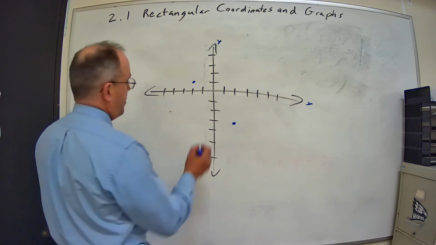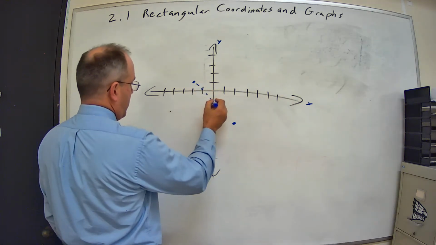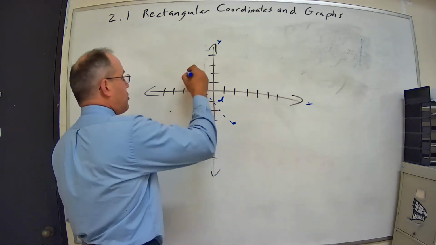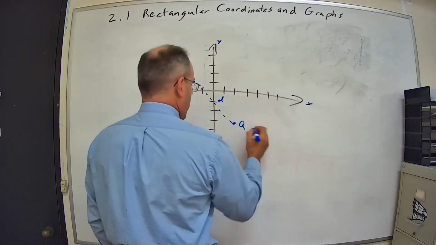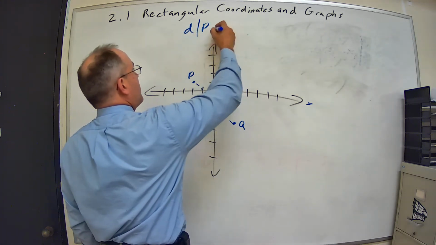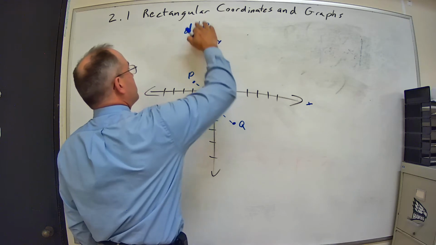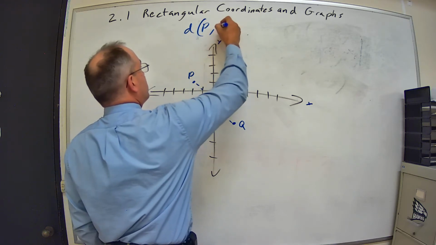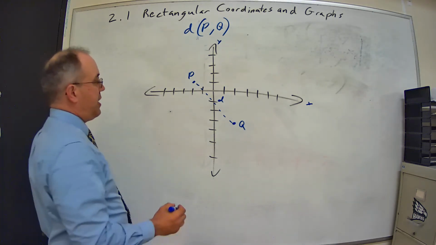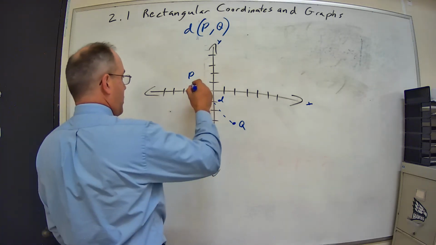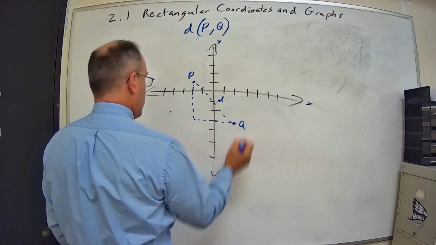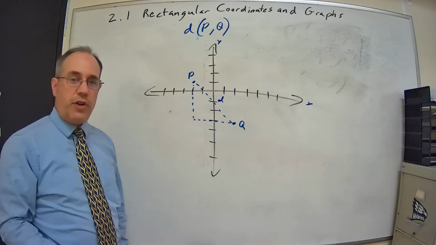The distance between those 2 points, D, let's call this P and this Q. So the distance from P to Q, notice that that can be found by looking at a right triangle.